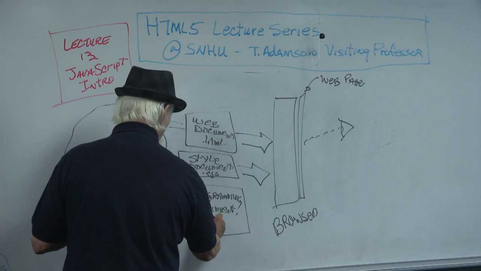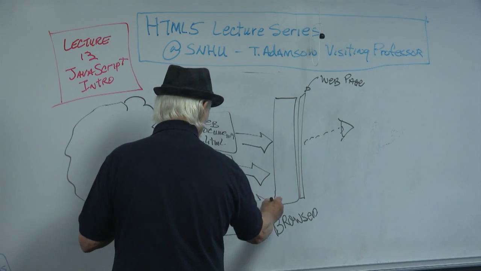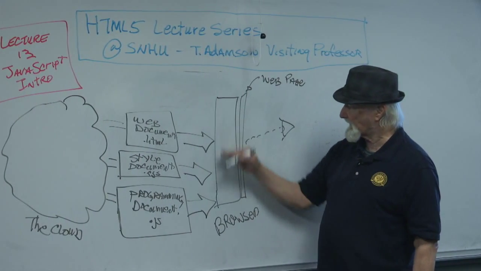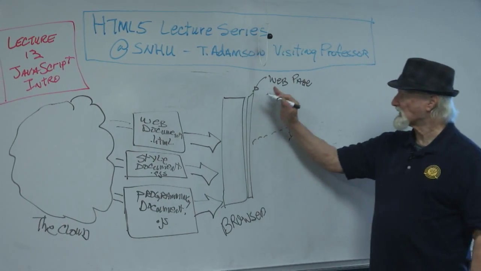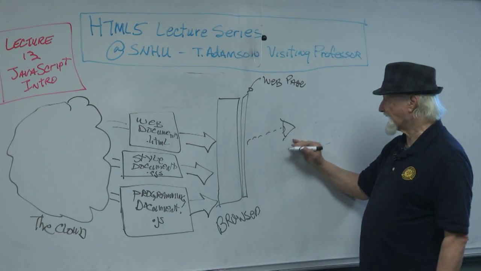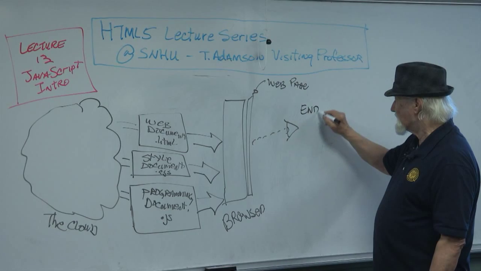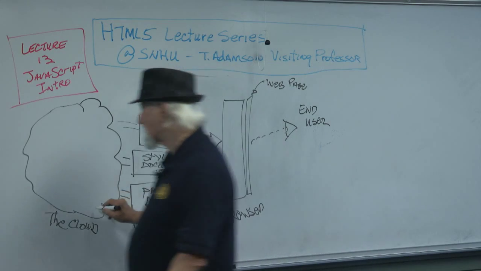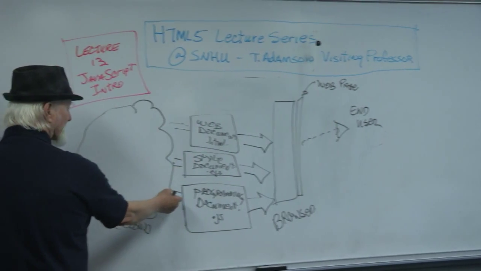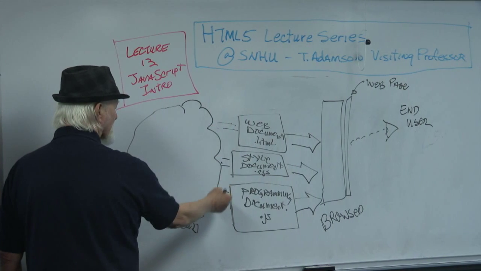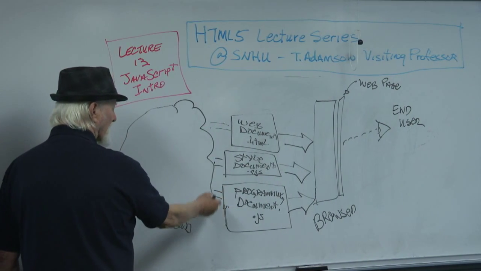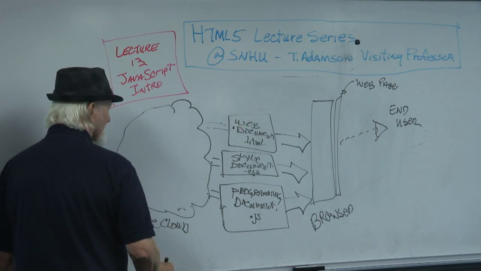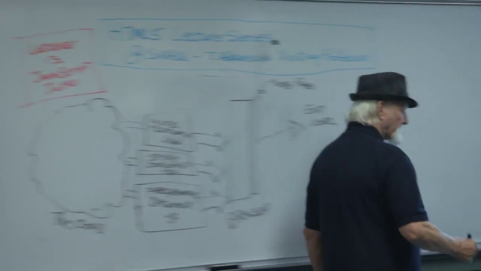And this has the extension .js. So all 3 of these documents now can interact inside the web browser and present one single web page to the end user. And here's the end user. By the way, all of these don't have to come from the same server. And we'll see many times a lot of these programming documents will come from different servers in different parts of the world. And we'll call them from our web document. Okay? So that's the concept on that one.